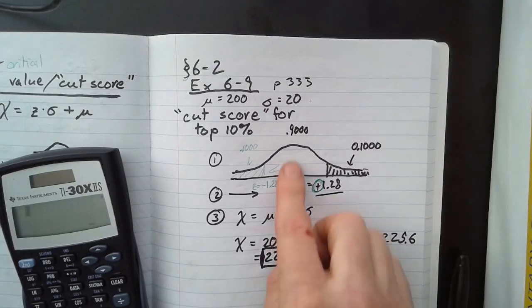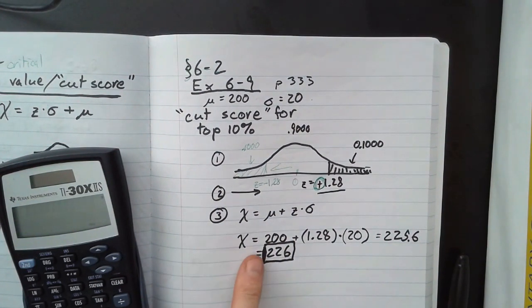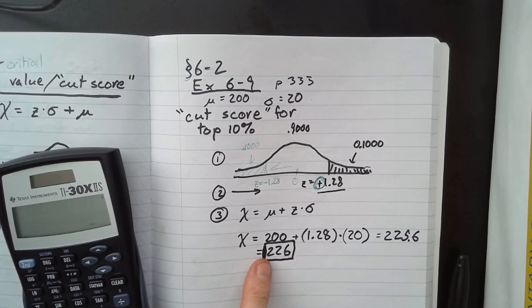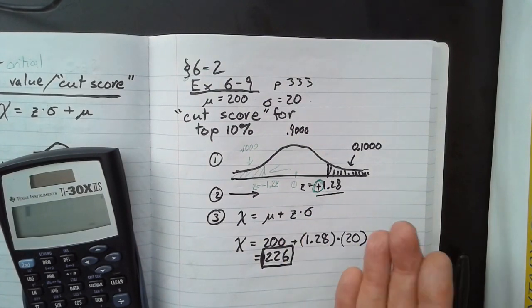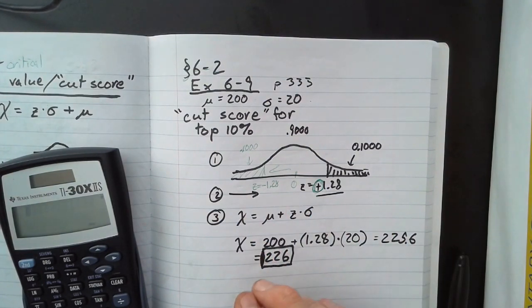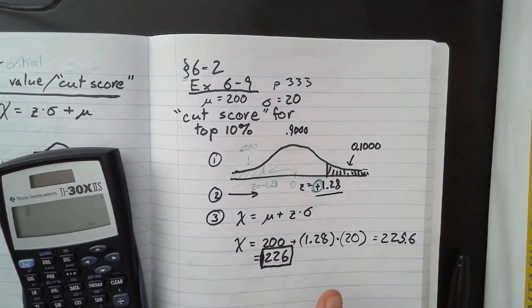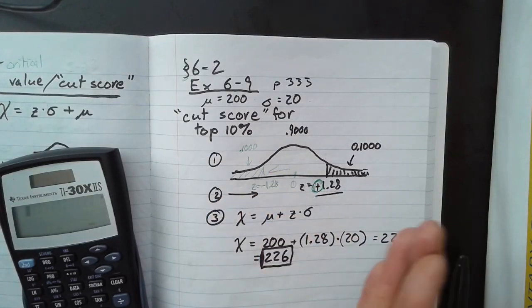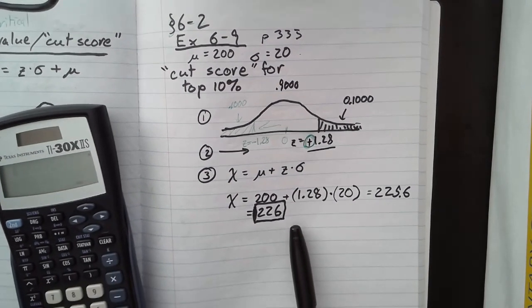And here, as long as you can include enough explanation so that when you're looking at this, you can catch any discrepancies that I've made, then that's fine. As long as I show you what my data was, right? Where I got my z-score, right? Your z-score might be slightly different because you might have used a slightly different table. And that's fine, right? So here we're going to call it 226.